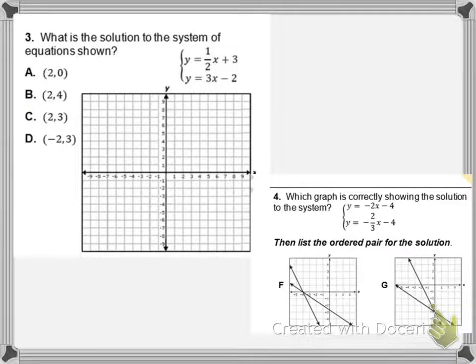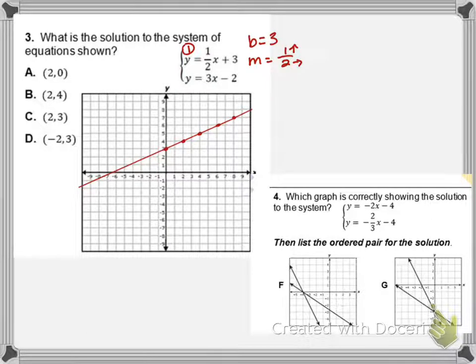Number 3 says, what is the solution of the system of equations shown? Let's go ahead and graph equation number 1. We have our y-intercept at 3, and our slope is 1/2, so we go up 1 and to the right 2. We start at 3, go up 1, right 2, and repeat. Then I'm going to make this line and extend it out.